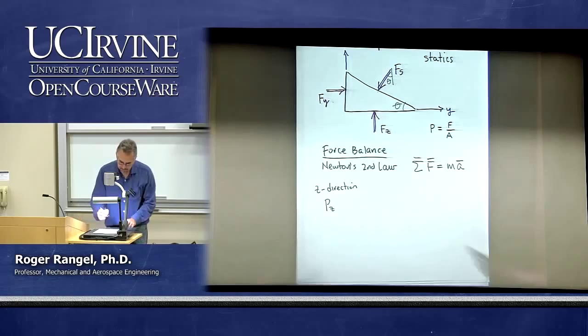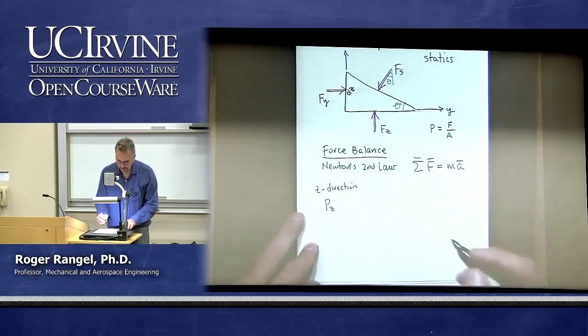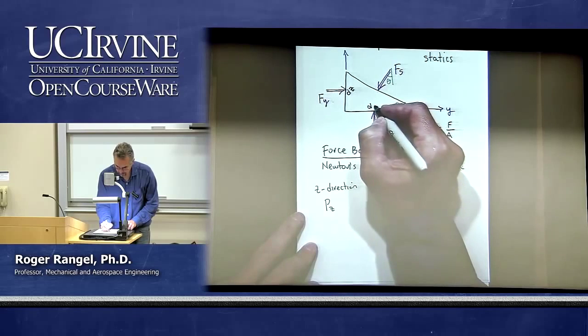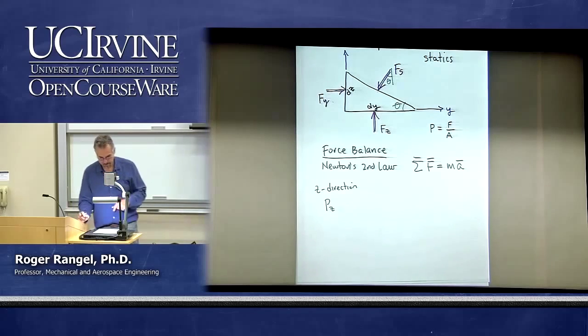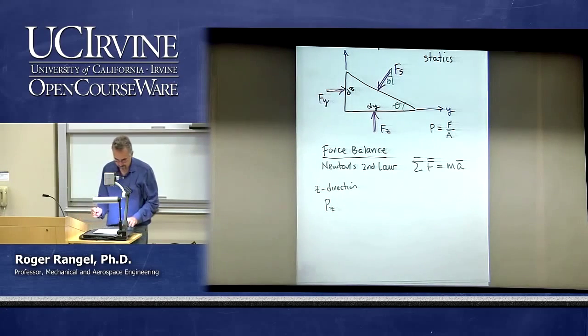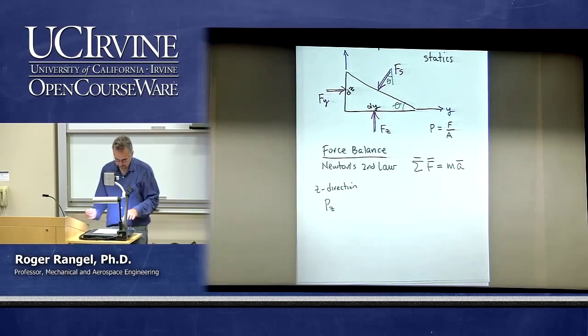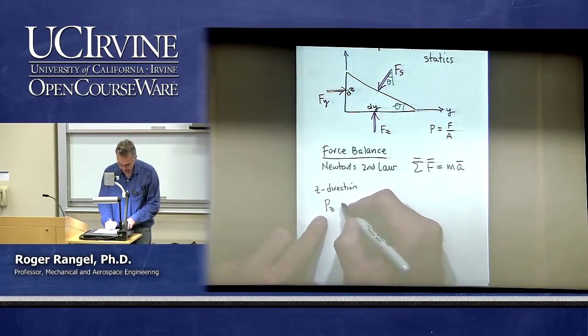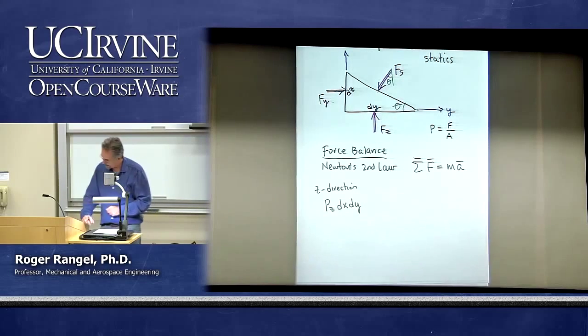And if I say that the vertical dimension of this is dz, and the horizontal dimension is dy, and then I have dx into the board, then the pressure times the area is that.